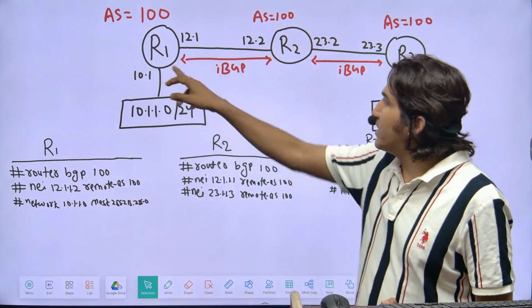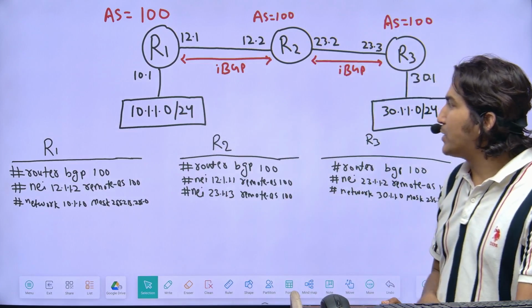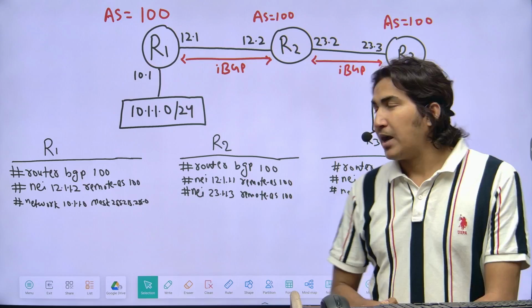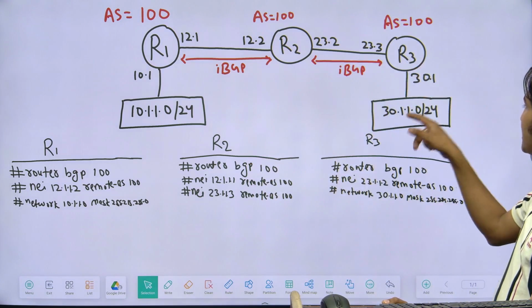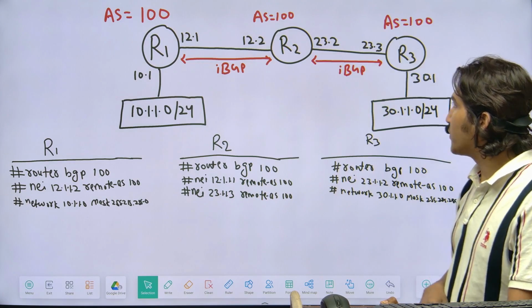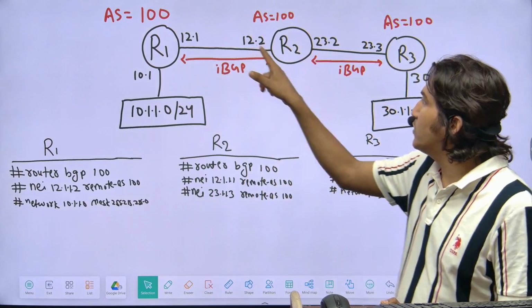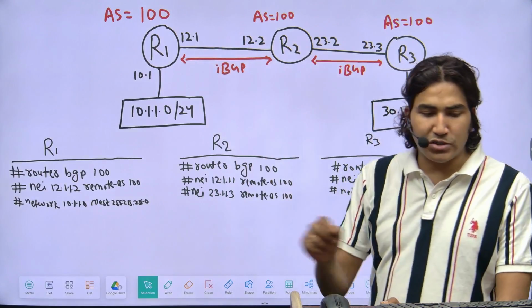Apart from this, one LAN is connected on router 1, where I am running subnet 10.1.1.0/24, and another LAN is connected to router 3, where I am running subnet 30.1.1.0/24. Between router 1 and router 2, my subnet is 12.1.1.0/24.